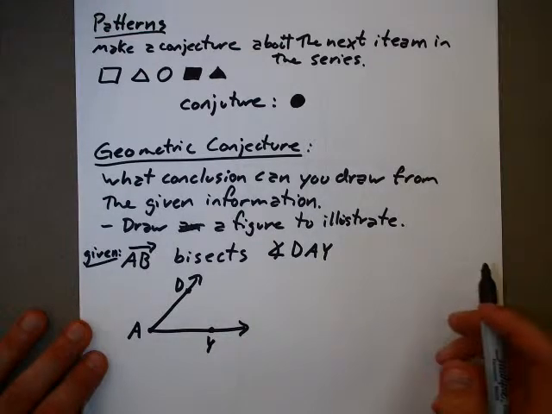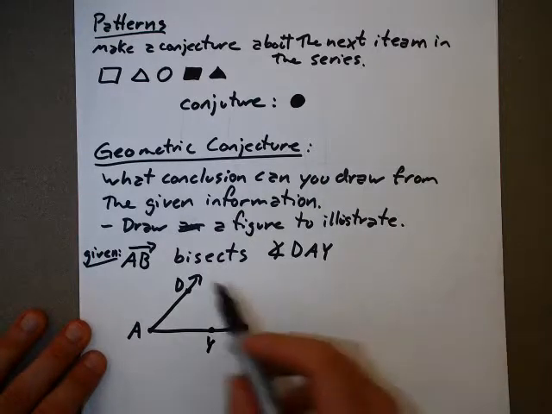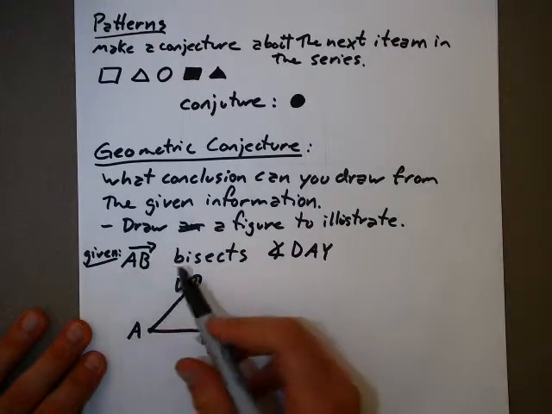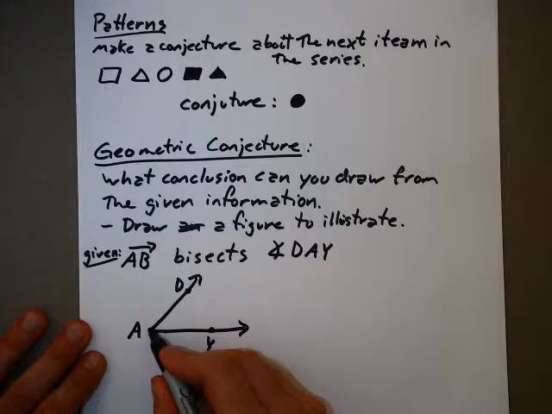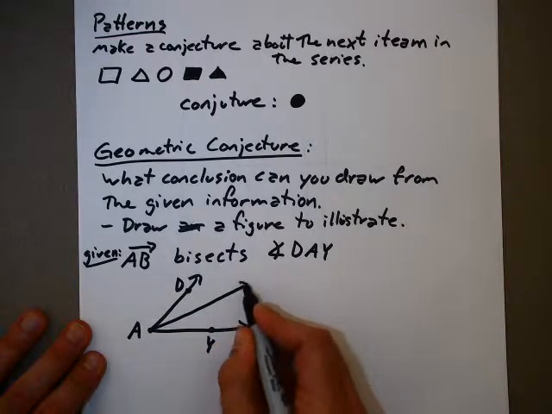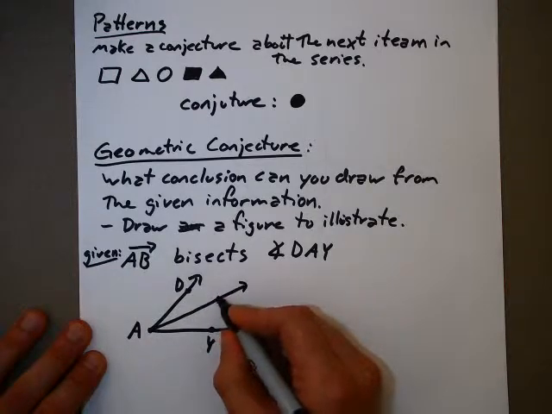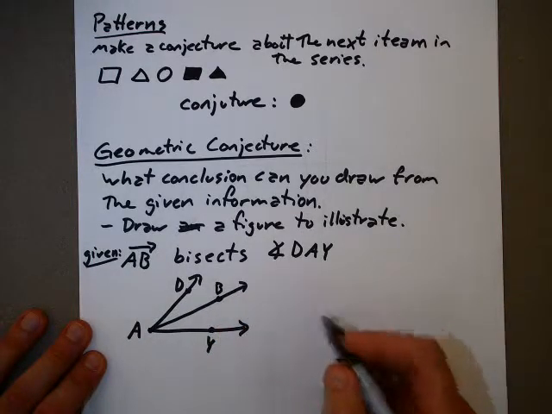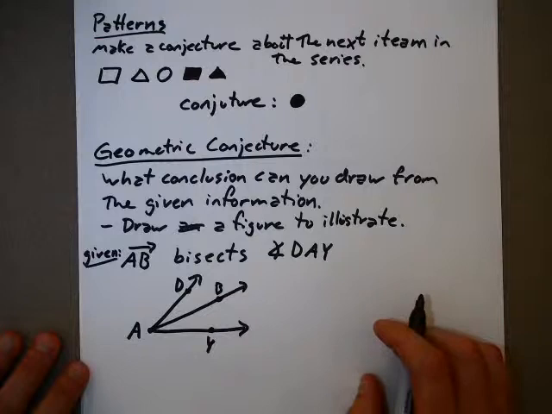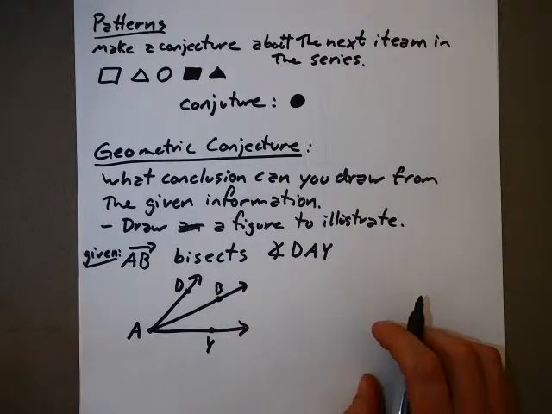So I have angle DAY, and then it's bisected by AB. And we know that when you bisect something, A, of course, is our endpoint, and B is going to be somewhere on the ray. So we have an angle bisector.